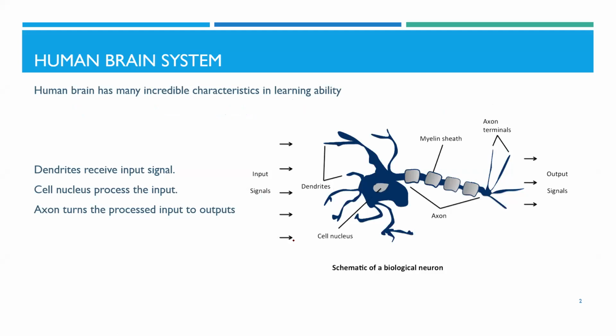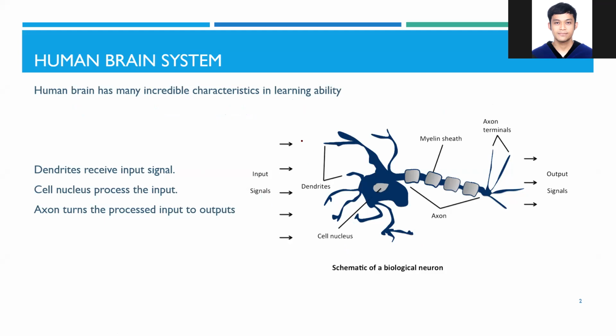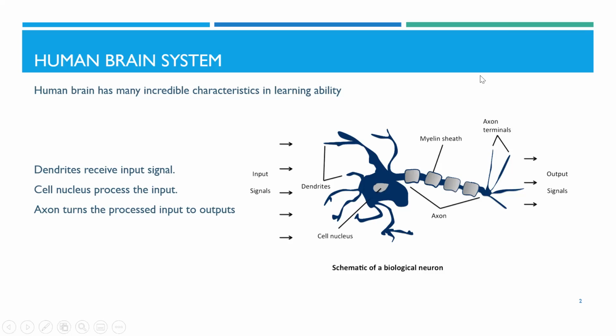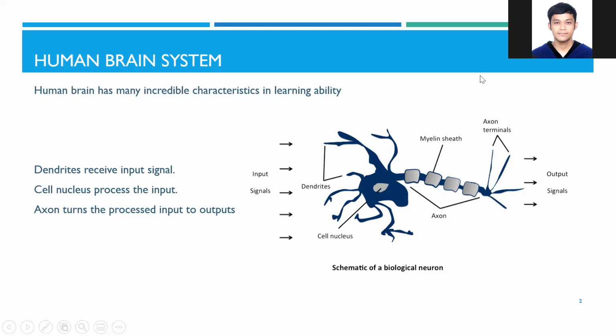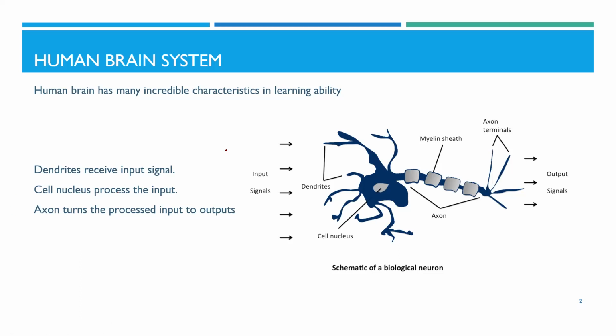We know that in our human brain system, if the input comes in our nerves, and let's say we have an input signal, then the input will be processed in our human brain systems.